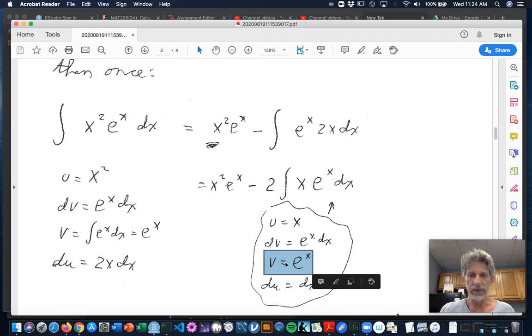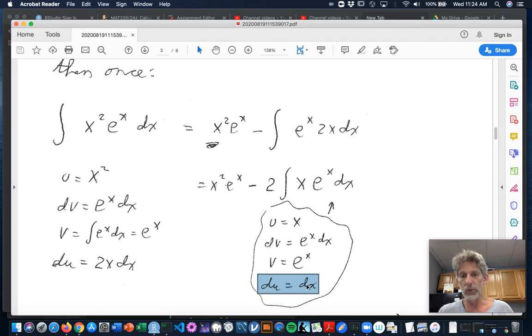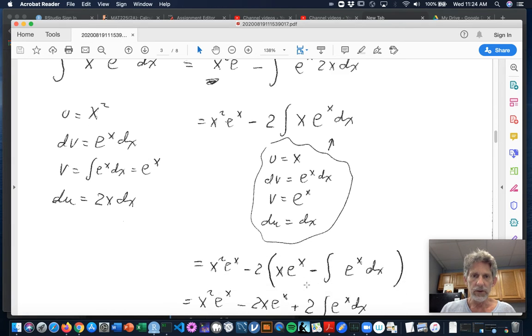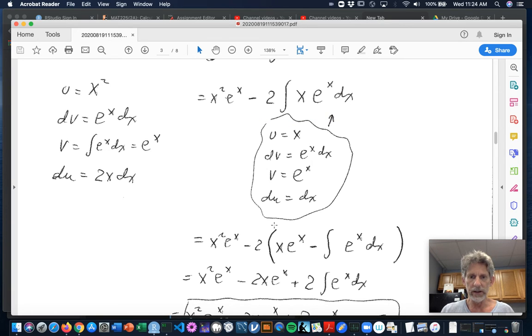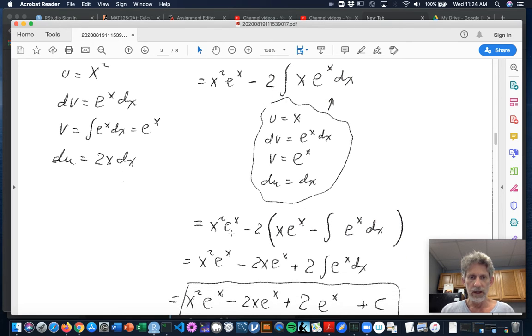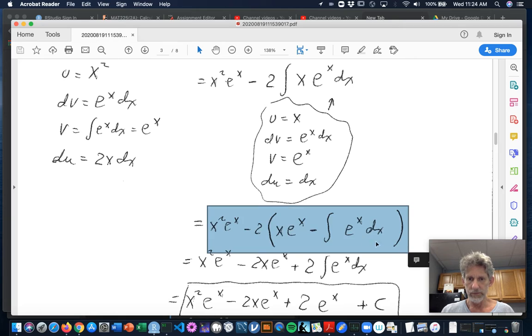Once again, the v will be e to the x. This time du will be just dx, derivative of x being 1. And so when I substitute in what the integration by parts formula says is going to be this piece here, then I get all this.